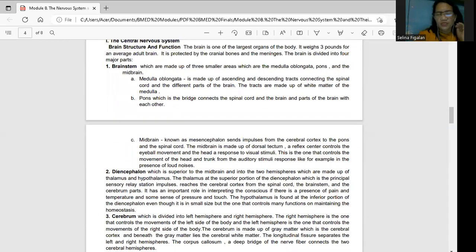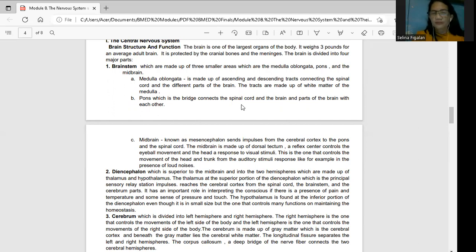So di ba sabi ko sa inyo, class, this is your cerebellum. Below that is your brain stem bago mag-spinal cord. So your brain stem is divided into 3 parts. So these are the medulla oblongata, and then the other one is the pons, and then the midbrain. So when you say medulla oblongata, these are ascending and descending tracts connecting the spinal cord and the different parts of the brain. Okay, so the tracts are made up of white matter of the medulla, while your pons, ito yung bridge.